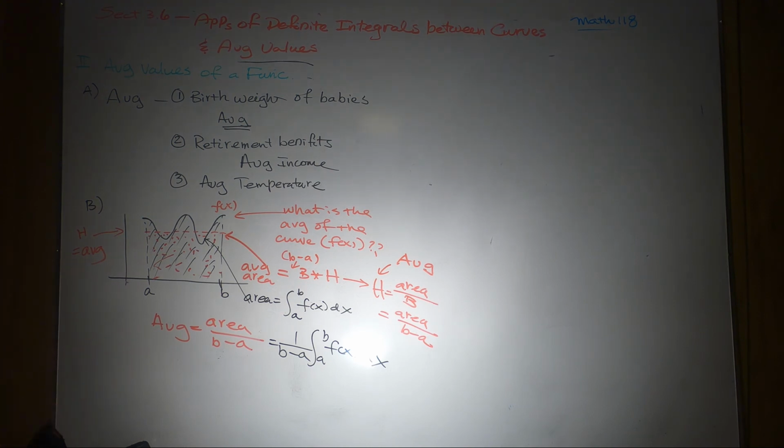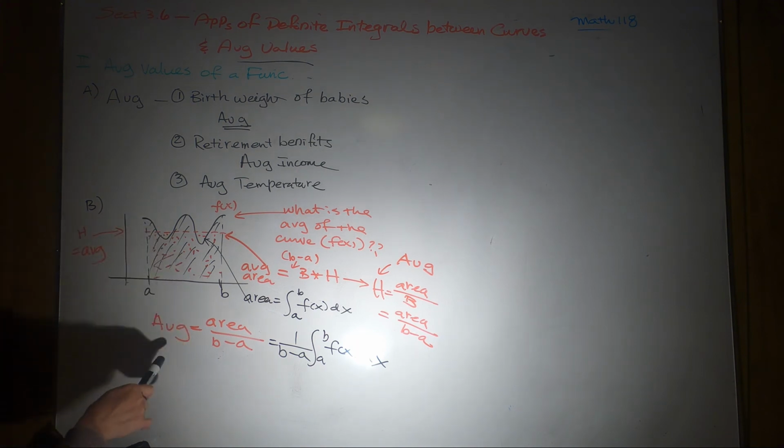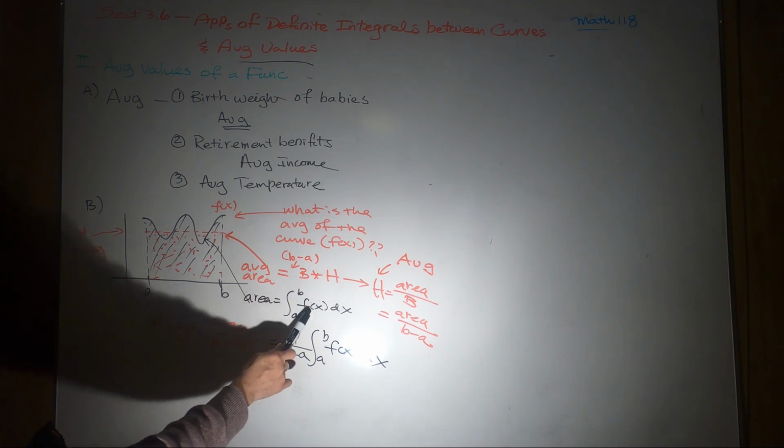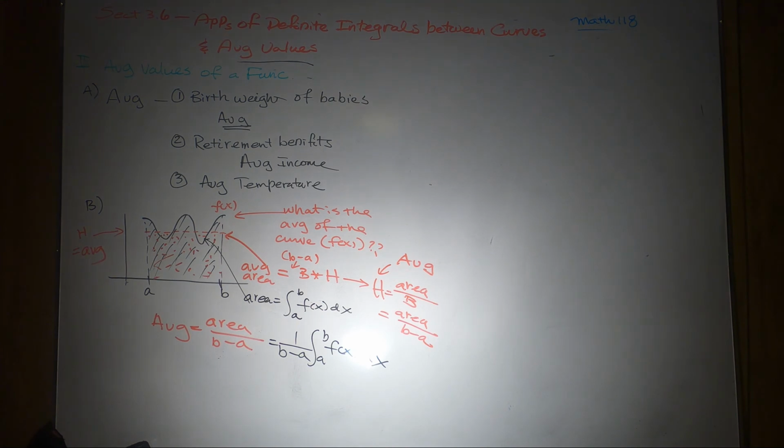Turned out that's your average. So we are using the definite integral concept from section 3.1, which is saying what? The area is the same thing as you take the definite integral of the antiderivative of the curve.